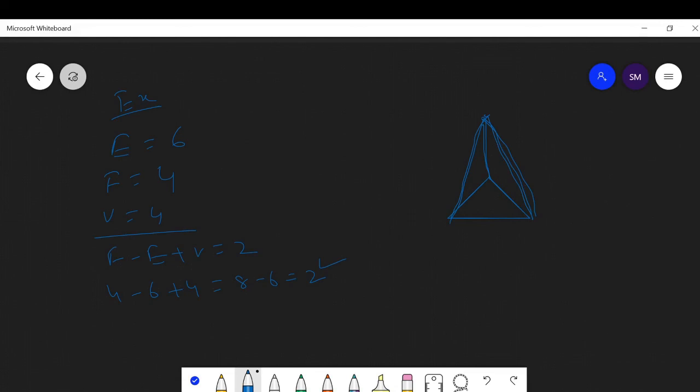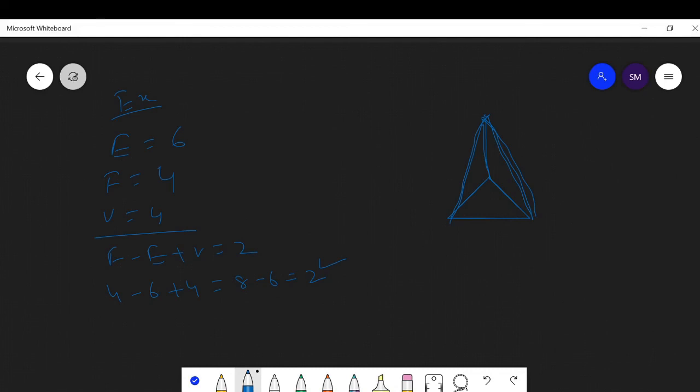Just close your eyes and imagine the cuboid. How many vertices? 1, 2, 3, 4, 5, 6, 7, 8. Yes, there are 8 vertices in a cuboid.